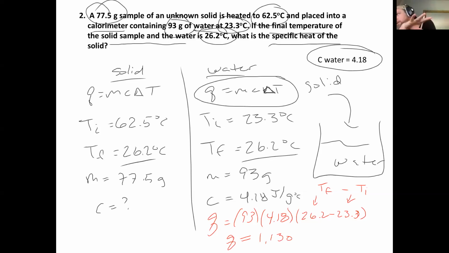Technically, you can leave it in your calculator and round at the very end, because we're going to use this number in a later calculation, but this is fine if you round right now. We're just getting close values. So this is heat absorbed by the water. And I'm able to say that because water is starting at a lower temperature and the temperature is going up.